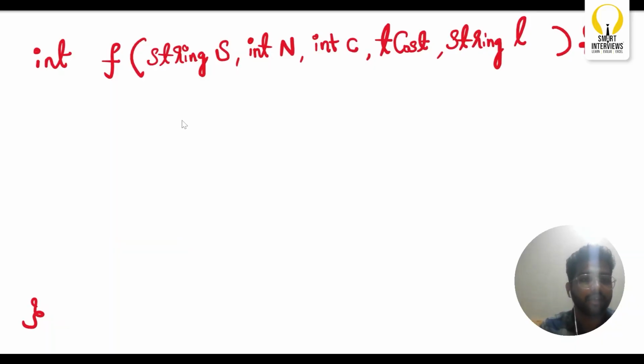First, what is the option? Either I can choose a translator or I can choose to learn a language, right? Let's say first I'm trying to choose a translator. What will be the cost? Let's say int choose translator, trans, okay?